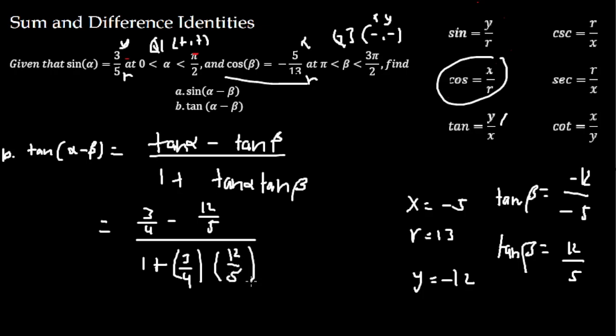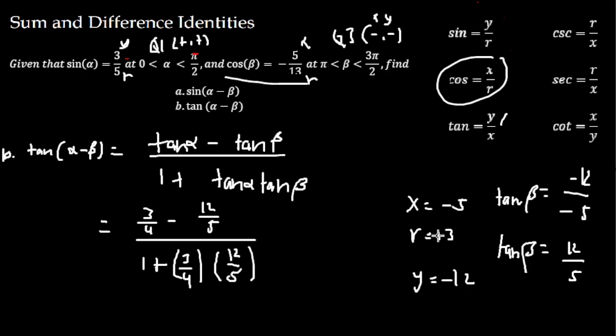Now using our calculator, we can identify 3 over 4 minus 12 over 5, over 1 plus 3 over 4 times 12 over 5.